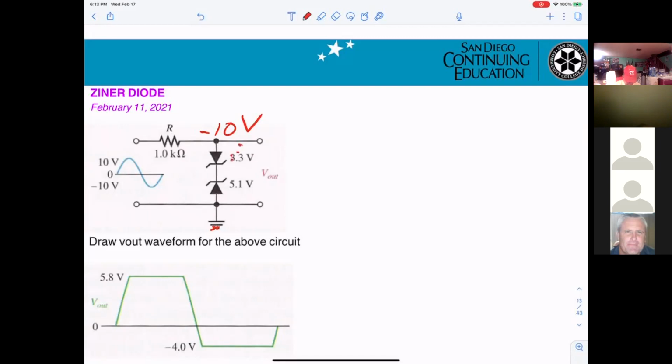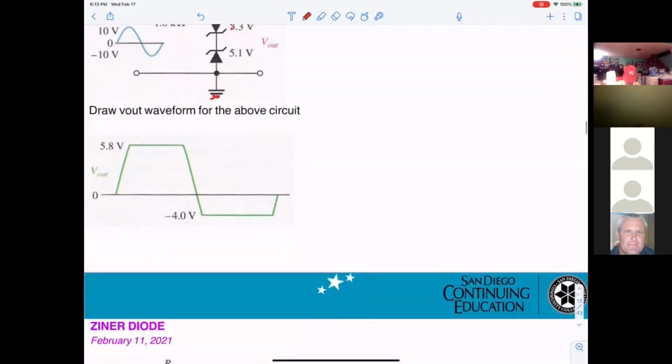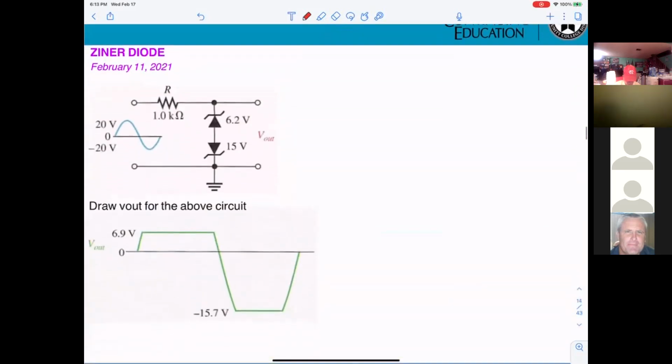So basically you get 3.3 volt, minus 3.3 volt, minus 0.7. That's why you get minus 4. Same problem here, okay? You can find it out.